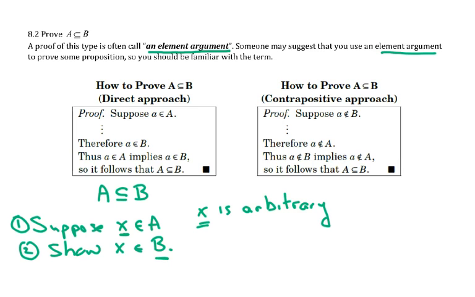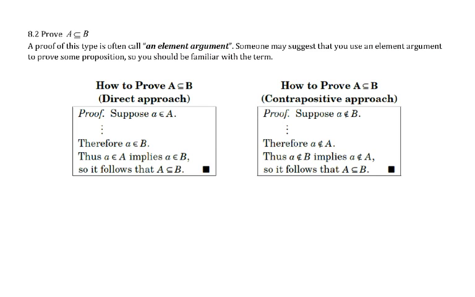So let's look at this as an if-then statement. As an if-then statement, I could write: if x is an element of A, then x is an element of B. This proves that A is a subset of B.